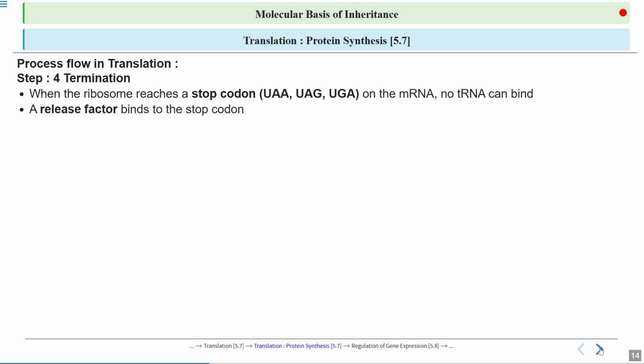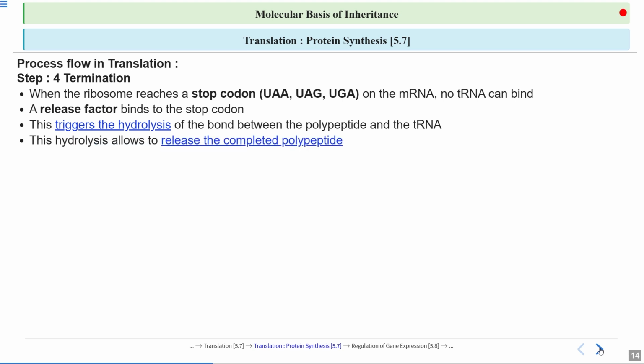A release factor binds to the stop codon. This triggers the hydrolysis of the bond between polypeptide and tRNA. This hydrolysis allows the release of the complete polypeptide. After that, the ribosomal subunits dissociate from the mRNA.